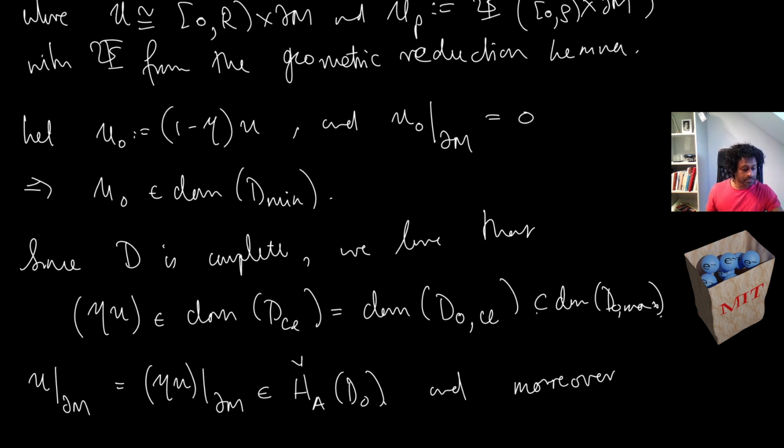No, it'll be in the maximal domain. Sure, it's in the maximal domain of D. It'll be in D max, but it needs to be in a smaller domain. So I want to know when I cut off, I'm going to end up in the domain of the operator that I'm interested in. And that operator is constructed as a closure of compactly supported maps that don't see the fake boundary. So then the question is, how do you prove this containment? To prove this containment, you have to take a sequence and then you know that it's Cauchy because of the completeness, and then you know that you're in the domain of this operator.